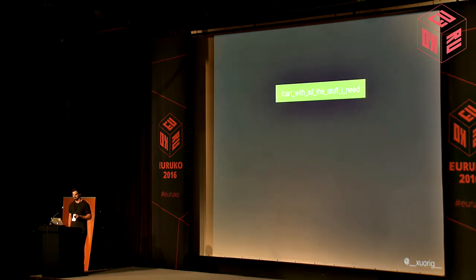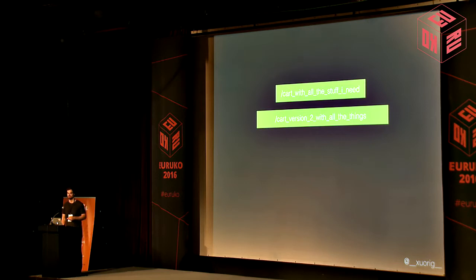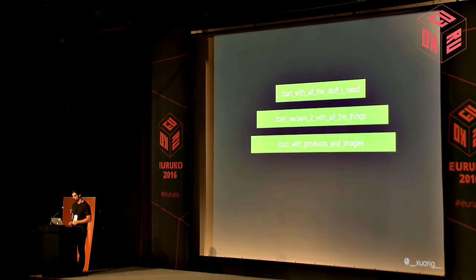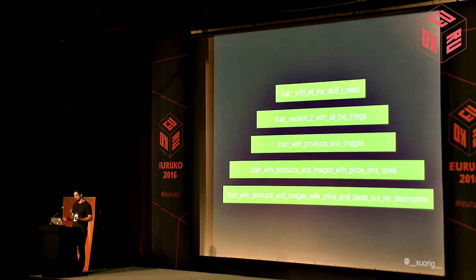But as you might expect, things can get a little more complicated. We might have a cart version two, a completely different view of the cart in our app. And we're going to build a custom endpoint for that too. We might build another custom endpoint for the cases when we only want products and images, but nothing else. And things can get out of hand.